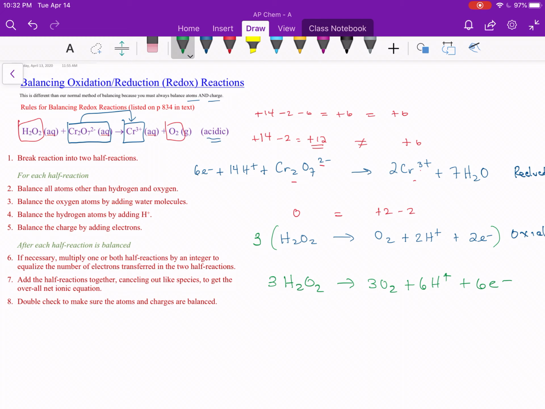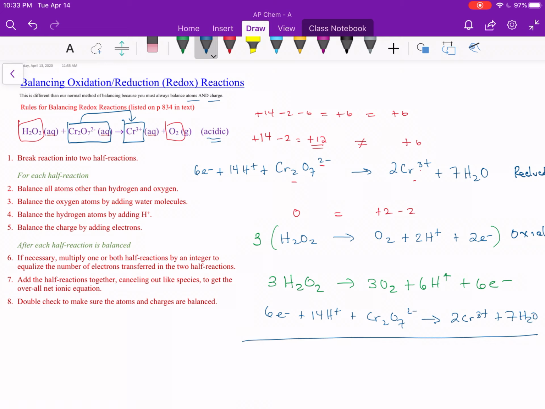So now if we're looking to get the overall, now add the half reactions together, canceling out like species that are on the opposite side of the arrows to get the overall net ionic equation. So what I'm going to do is just write this one back down over here. So we have 6 electrons plus 14 H pluses plus Cr2O7 2 minus going to 2Cr3 plus 7 H2Os, right?